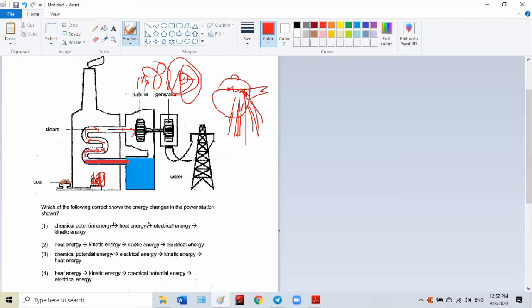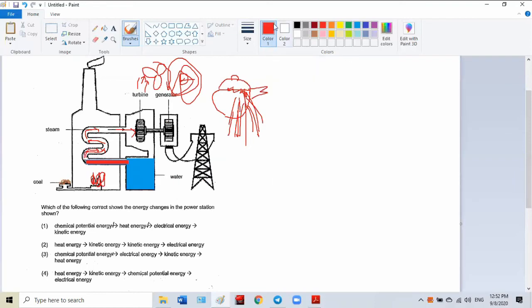The generator inside has a magnet. Actually, to get electricity, all you do is have a giant magnet, and if you can keep turning it, then the magnet also will turn.